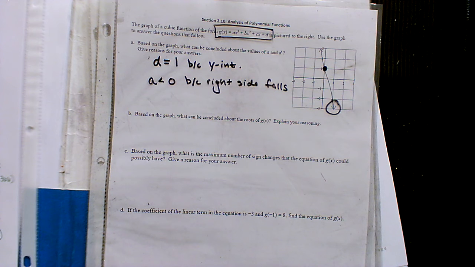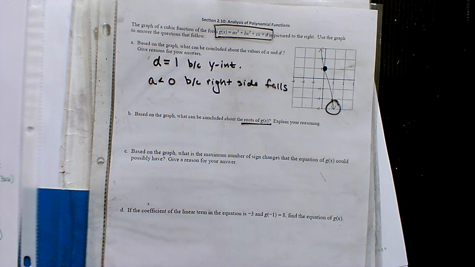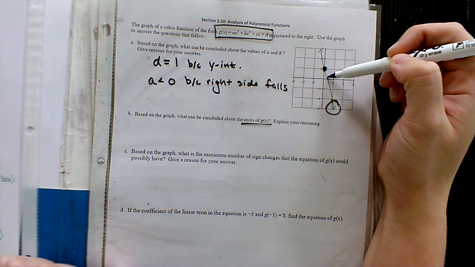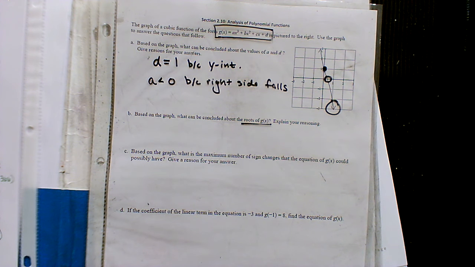All right, B. Based on the graph, what can we conclude about the roots, zeros, x-intercepts of the graph? Travis was mentioning this x-intercept earlier. It might be 1/2, we're not sure.